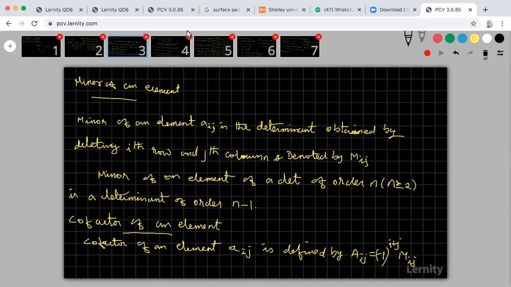Another important point: if the area value is given, then for calculation you have to take plus or minus value. If the area is given as plus 2, you have to consider plus 2 and minus 2, because the determinant value may be negative. Because we are finding the area, it is the absolute value of the determinant.